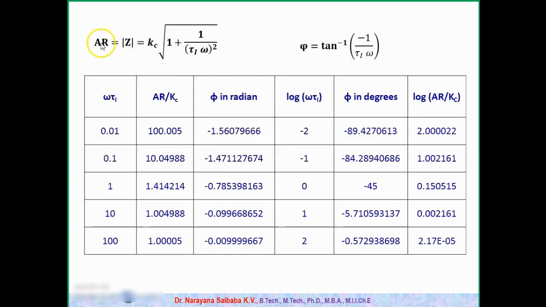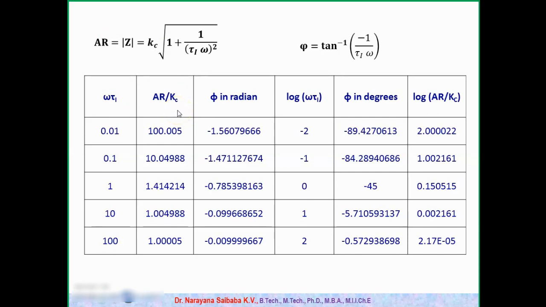If you observe the AR formula and phi formula, both have tau I omega in common. That means, for simplicity, you can take tau I omega as the independent variable instead of omega. We assume different values of tau I omega and calculate the corresponding AR and phi values. Here Kc we do not know, so you can take it to the left-hand side, and AR by Kc can be drawn directly on the Bode diagram.